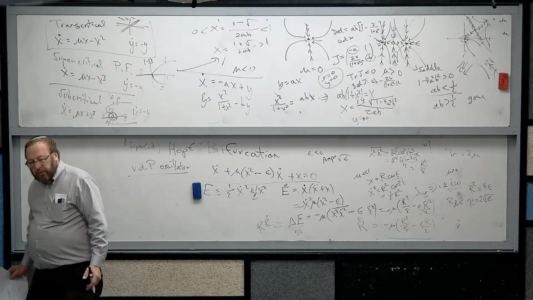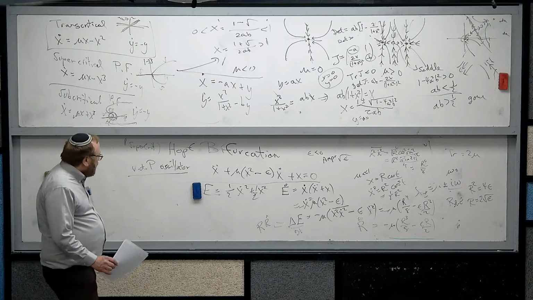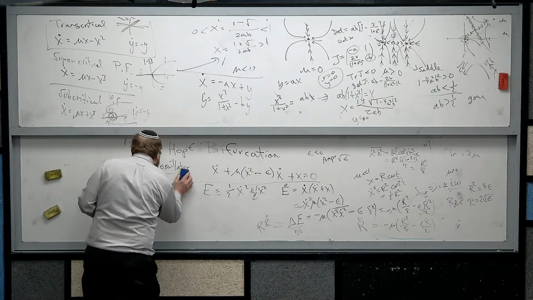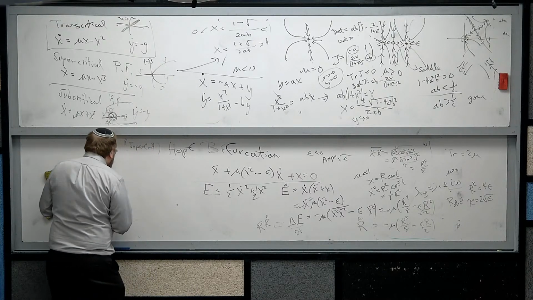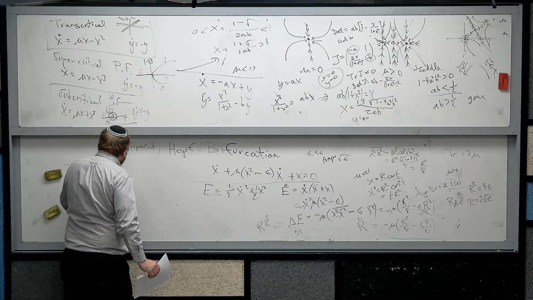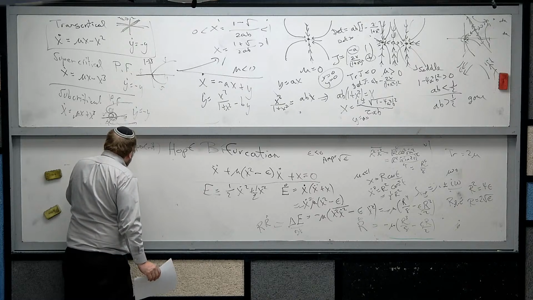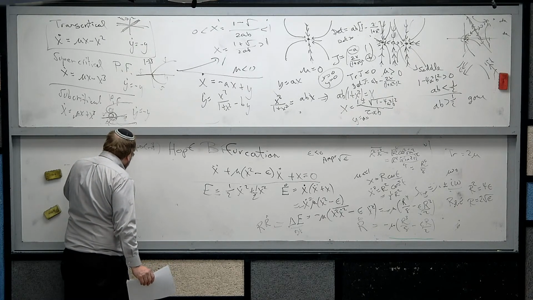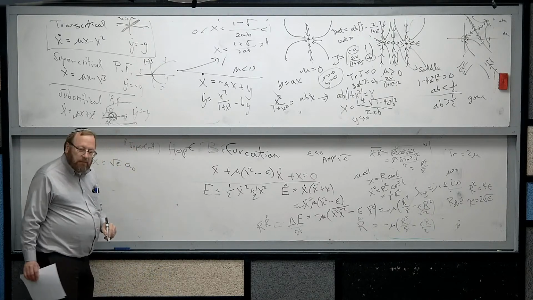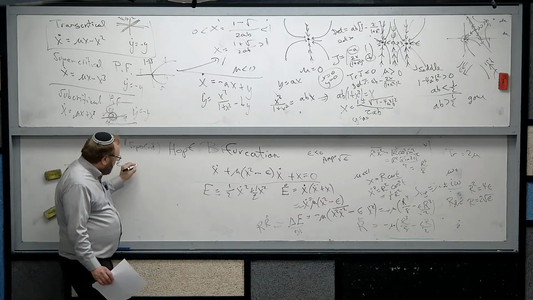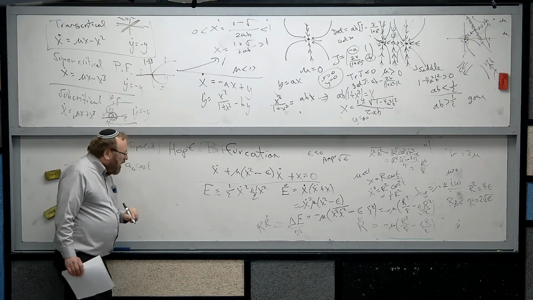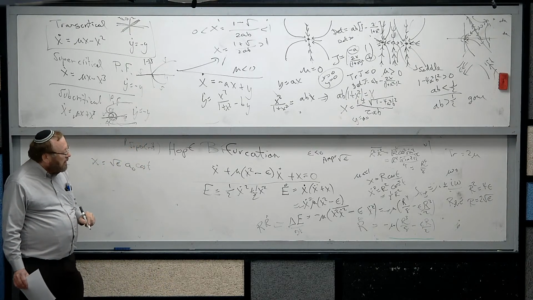That's what we're going to use. All right? So we're going to write x equals x naught, which we're going to write as the square root of epsilon times a naught times cosine t. That's the unperturbed thing, right?